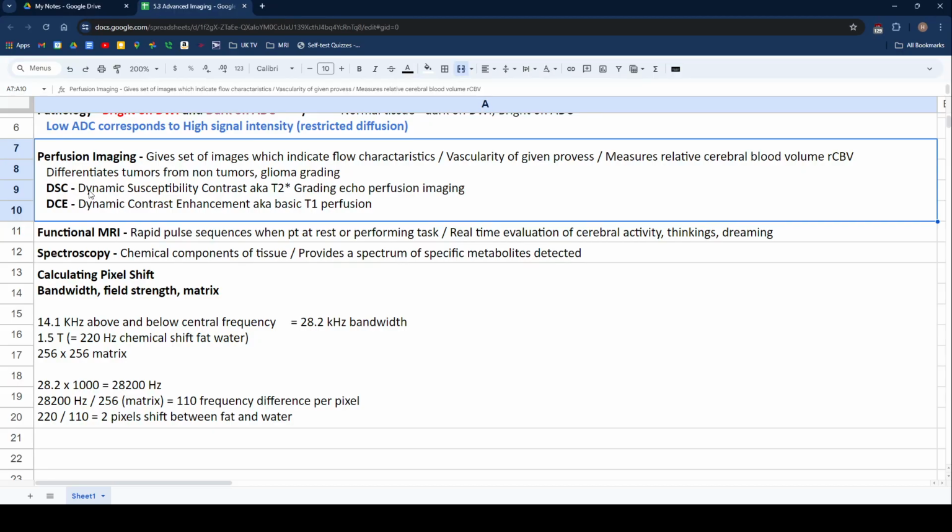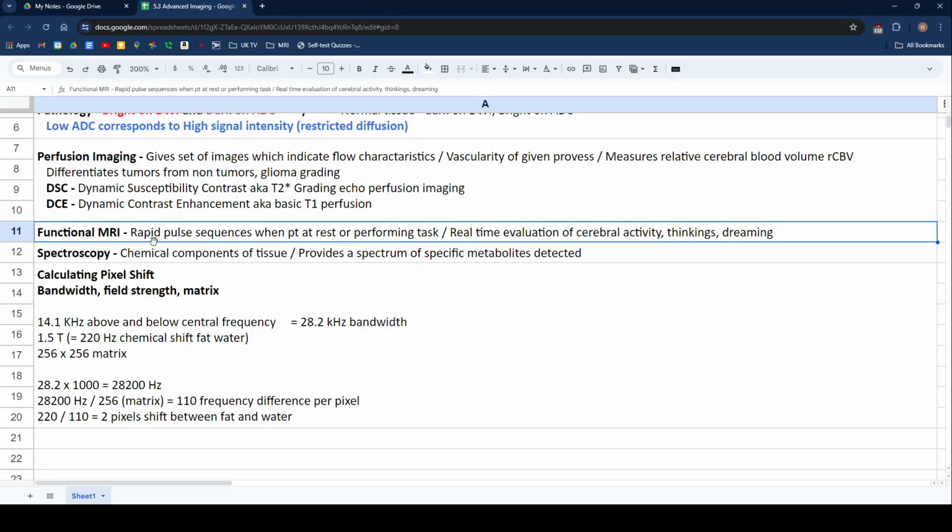DSC, dynamic susceptibility contrast, aka T2 star, gradient echo perfusion imaging. And DCE, dynamic contrast enhanced, aka basic T1 perfusion. Functional MRI, rapid pulse sequences when the patient is at rest or performing a task, gives real-time evaluation of cerebral activity, thinking and dreaming, etc.